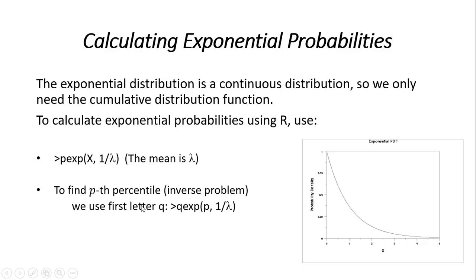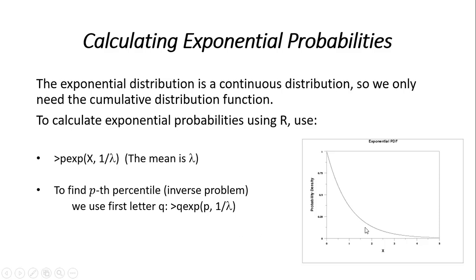Now, sometimes we want to find certain percentiles, or I think of these as inverse problems. We can do this with R, but now our first letter is q. So if we use qexp(p, 1/lambda), p would be the percentile or probability we're interested in, and our parameter is still 1 over lambda.